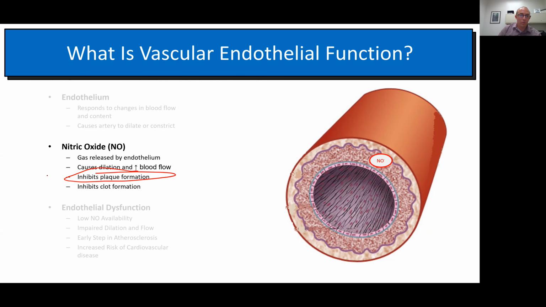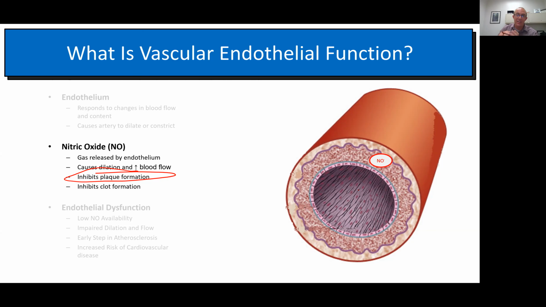So if we use this to our advantage, we can say the more an artery dilates, the more nitric oxide it has. And the more nitric oxide it has, the less likely you are to have cardiovascular disease, plaques, atherosclerosis and thrombosis, right? So in all these tests I'm going to show you later, we use how much the artery dilates as a window into the vascular health.